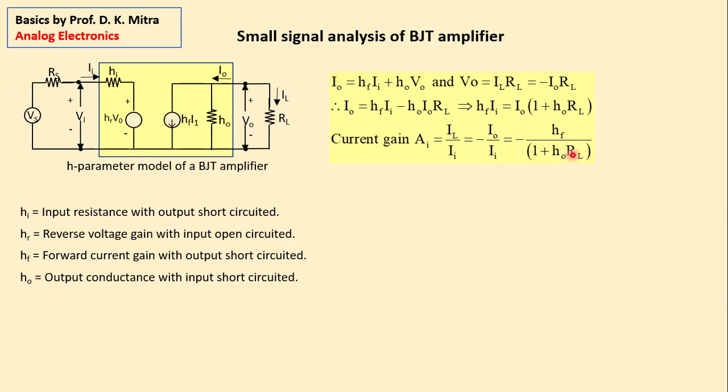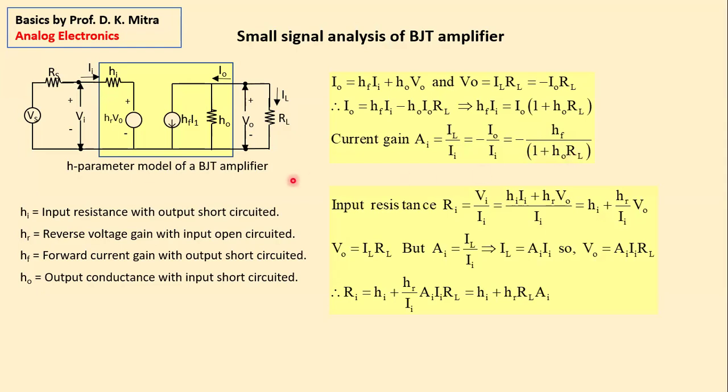So what do you find? That the current gain of any amplifier, common emitter, common collector or common base mode, depends upon the HF and HO parameters of the transistor and the load resistor, right? So this is the derivation of the current gain of the amplifier in terms of the BJT parameters. So this is current gain.